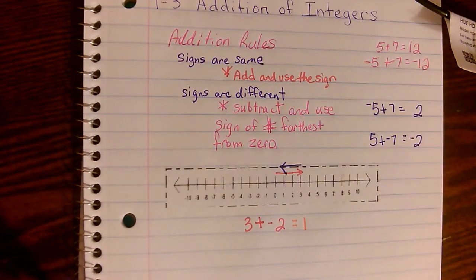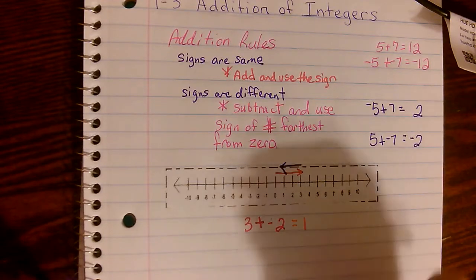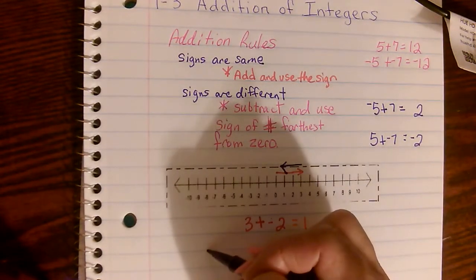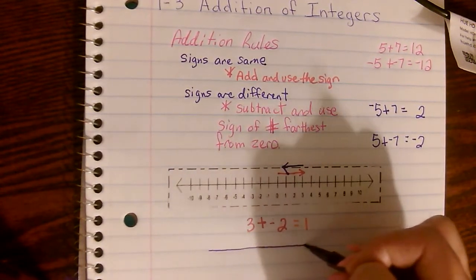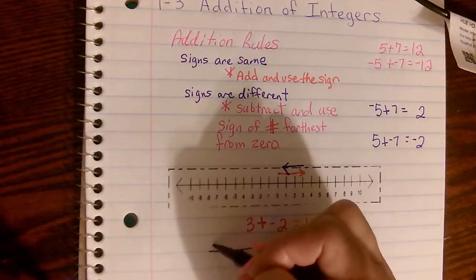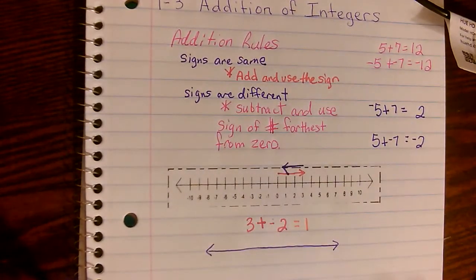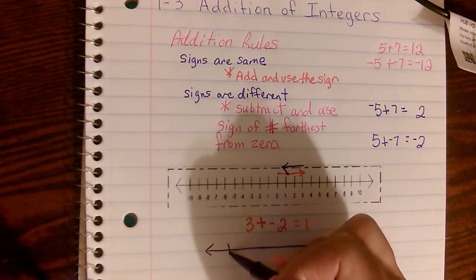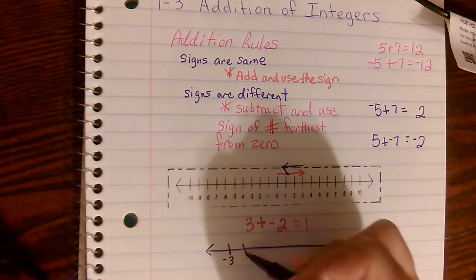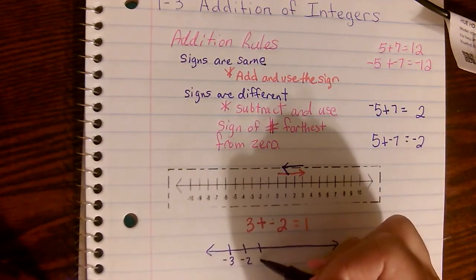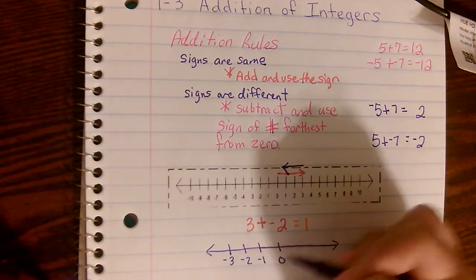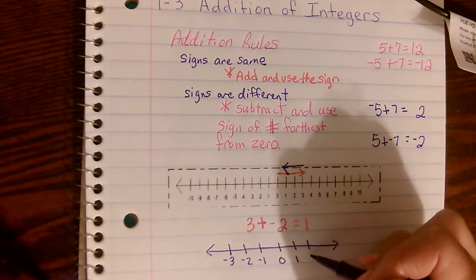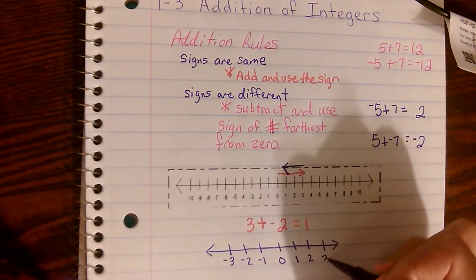Now let's just make a cute little number line right here, and I won't go very far. I want you to practice knowing how to make your number line. We're just going to go from negative 3 to 3: negative 3, negative 2, negative 1, 0, 1, 2, and 3.